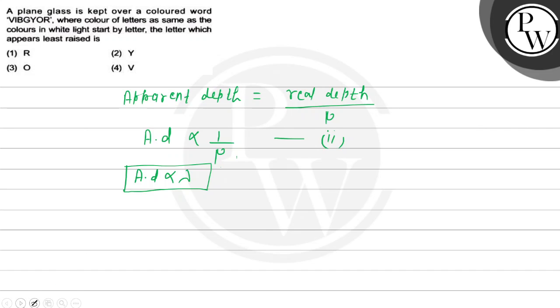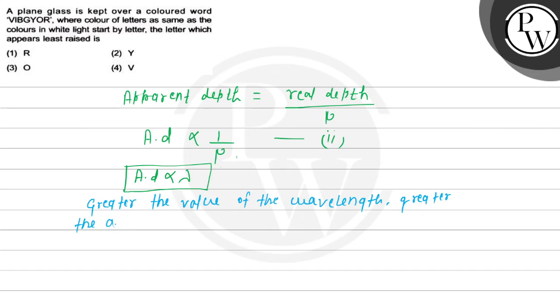Okay, so let's write here: the greater the value of the wavelength, the greater the apparent depth and the least the object raised.